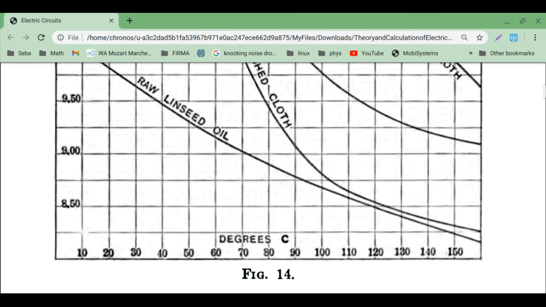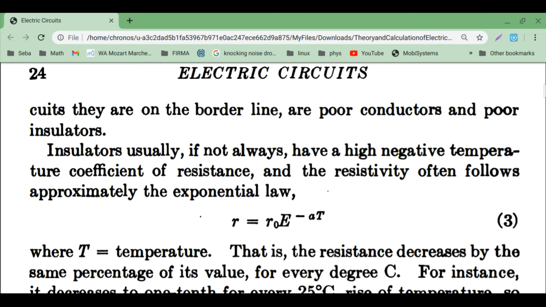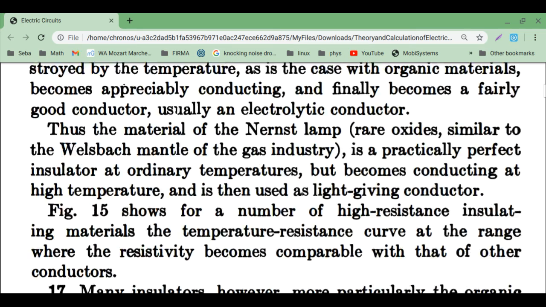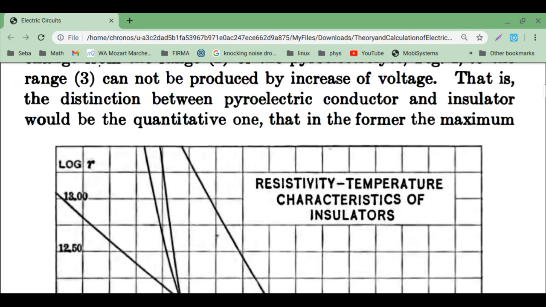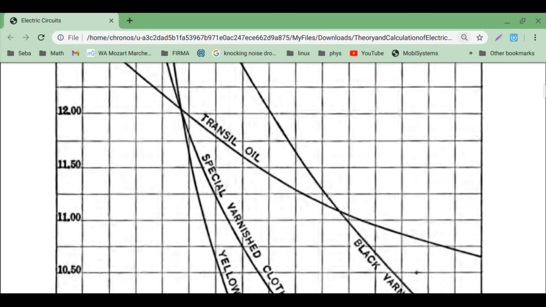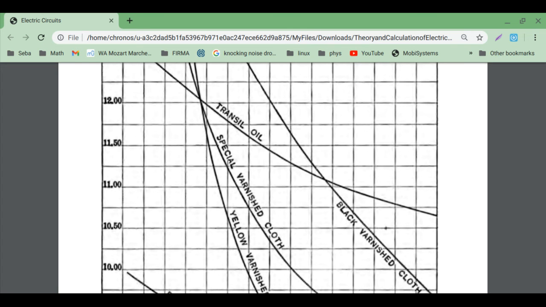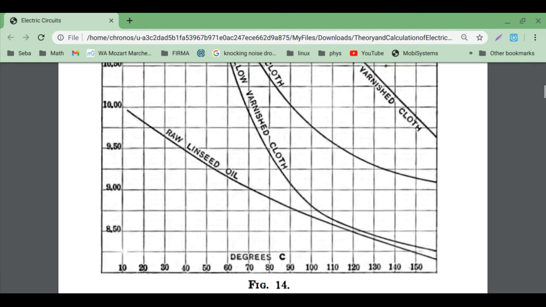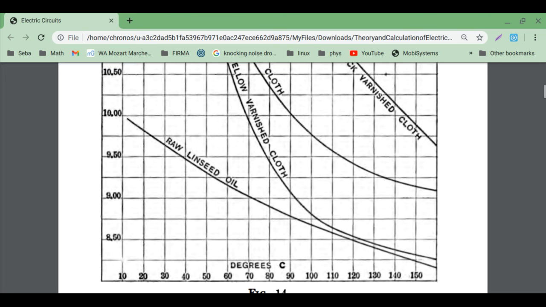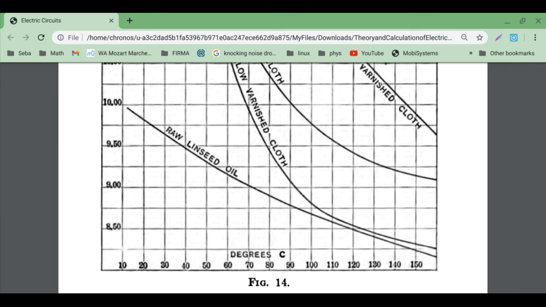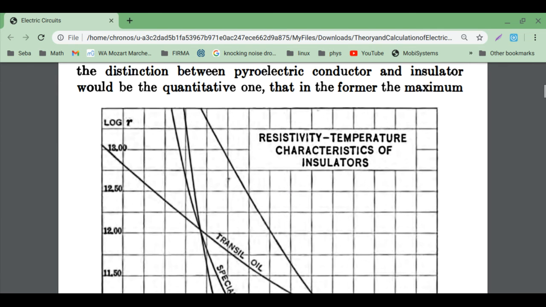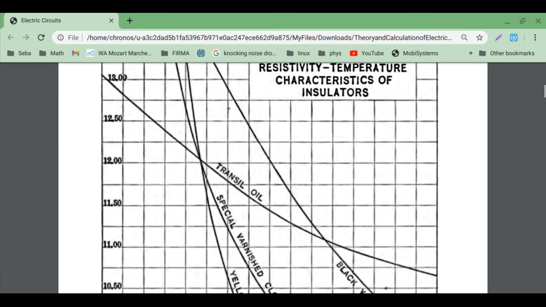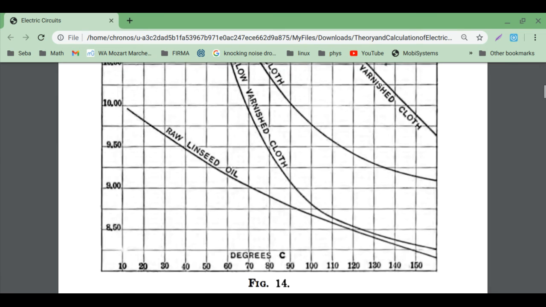So we have figure 14. Degrees Celsius from 10 to 150, every 10, and resistivity on a logarithmic scale.